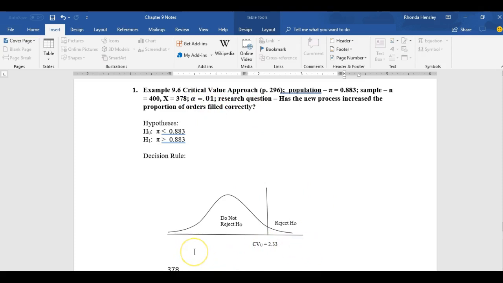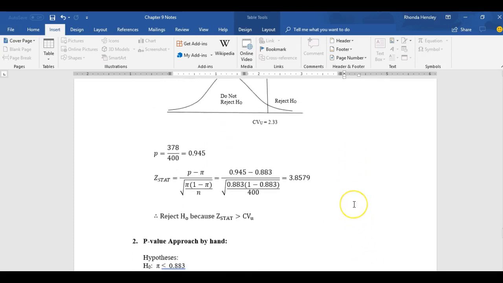So when we look this up in the normal distribution, we look up the area 0.9900, and you should see a critical value of 2.33 listed. So that's your upper critical value, and anything greater than that for a test statistic is in the reject H0 range, which means it has increased, and anything smaller than that means it's not changed significantly.